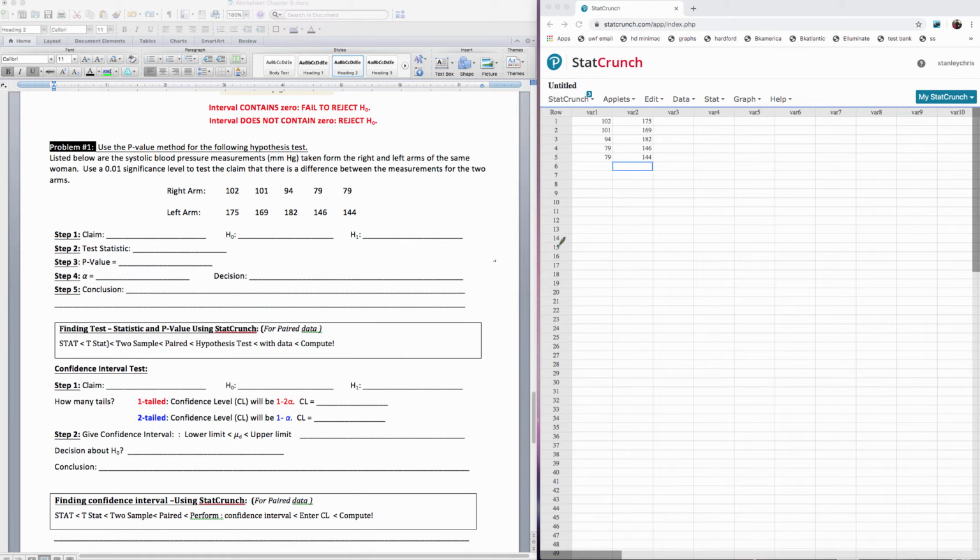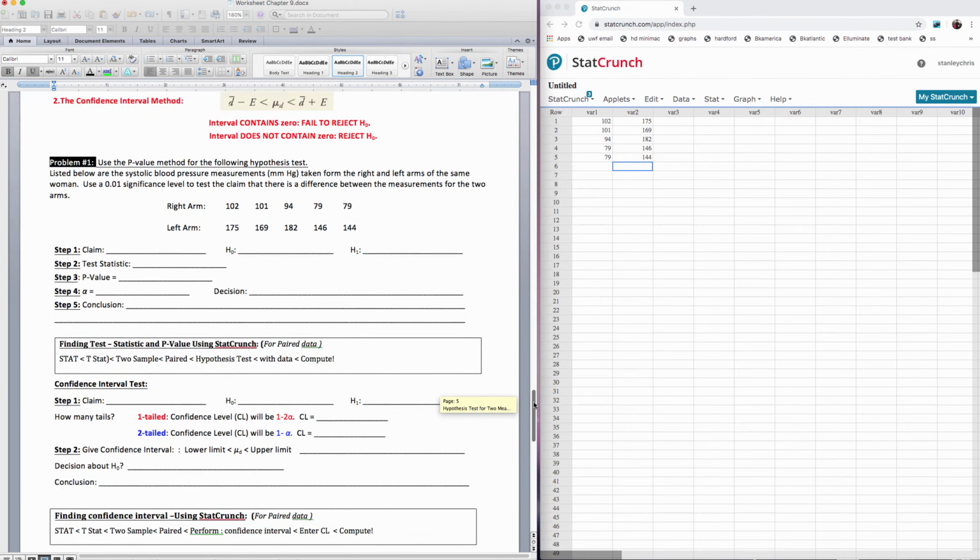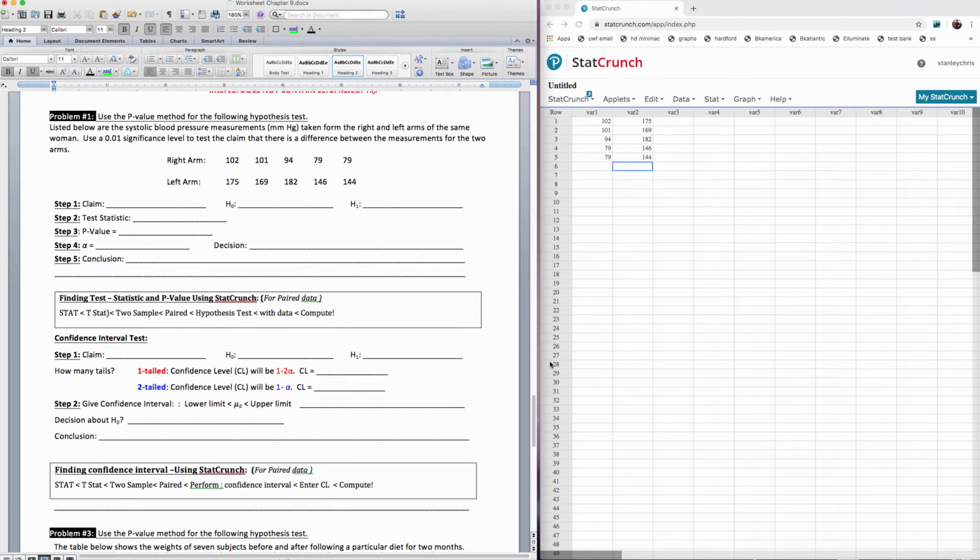Okay, let's get started with how to do a paired test. I've scanned down here, looked at this problem already, but we're doing paired data. So paired data means that we're going to get 2 measurements on the same person, or 2 measurements on 2 people that are related, so you can see the relationship pretty easily. Now this test is just done differently than the 2 sample. We don't look at it as a 2 sample.